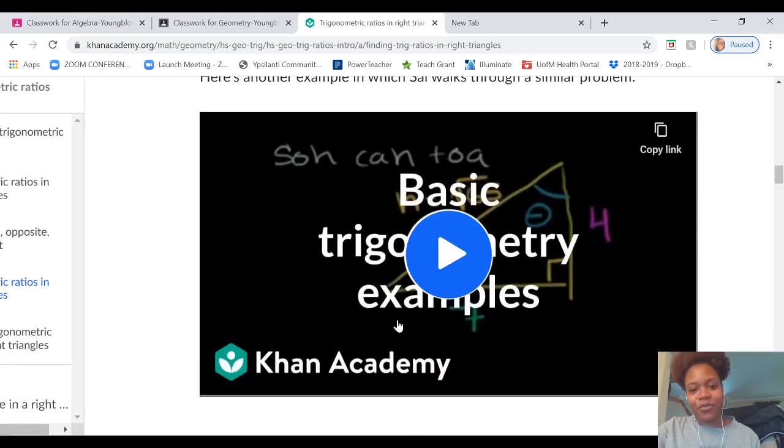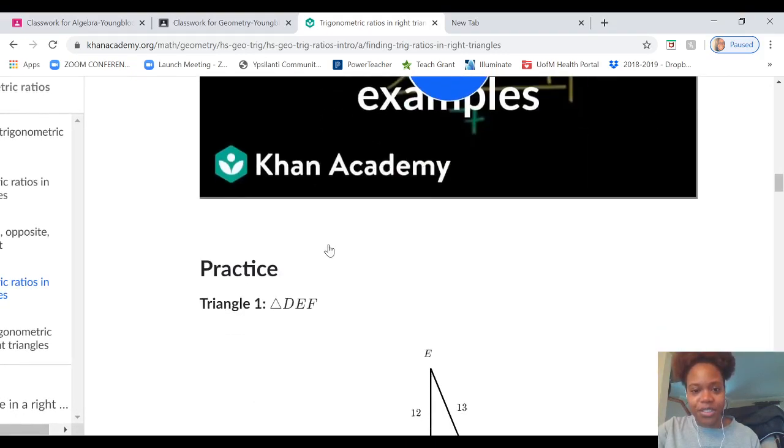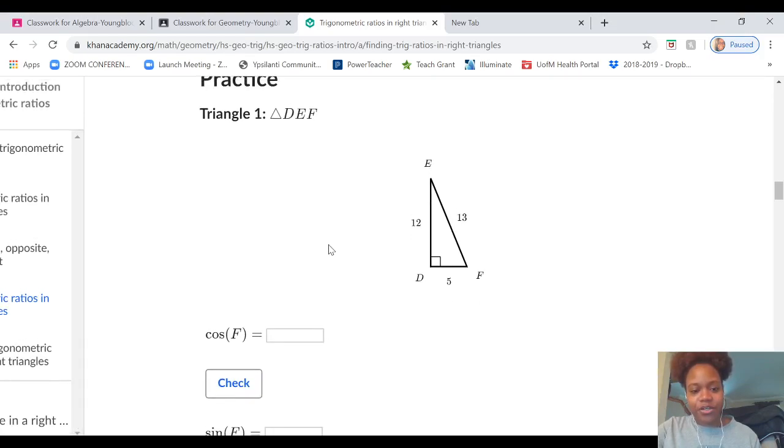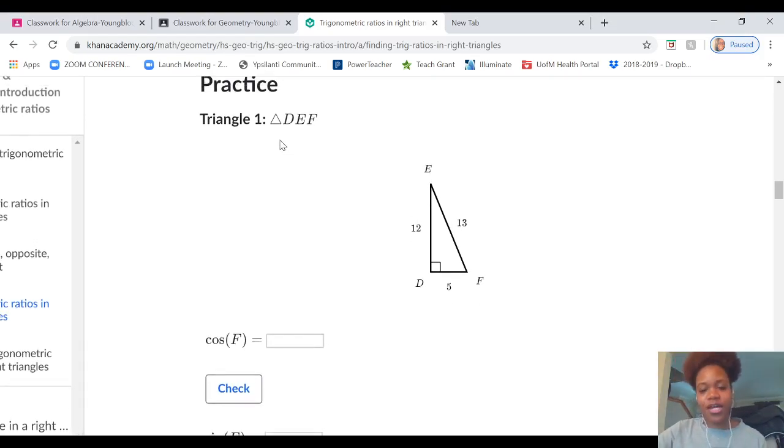Here's a video if you would like to view it for more examples to make sure you understand it. We're just going to go through these first. So for this triangle DEF, they ask us to find the cosine of angle F. If this is our focus angle here, angle F, for cosine we're looking at adjacent and hypotenuse, so it's going to be 5 over 13.